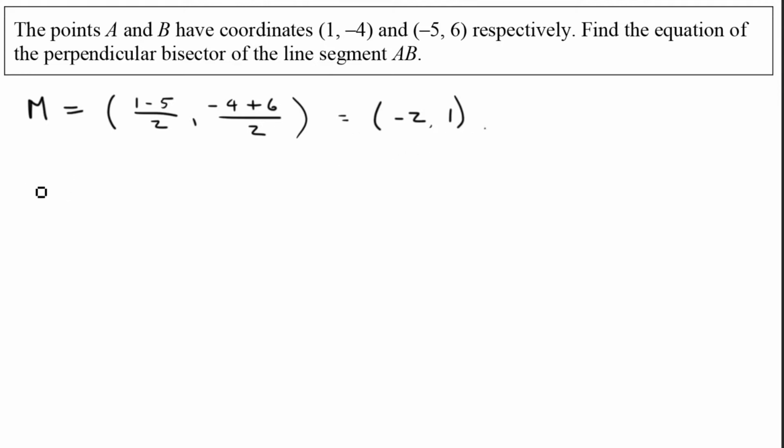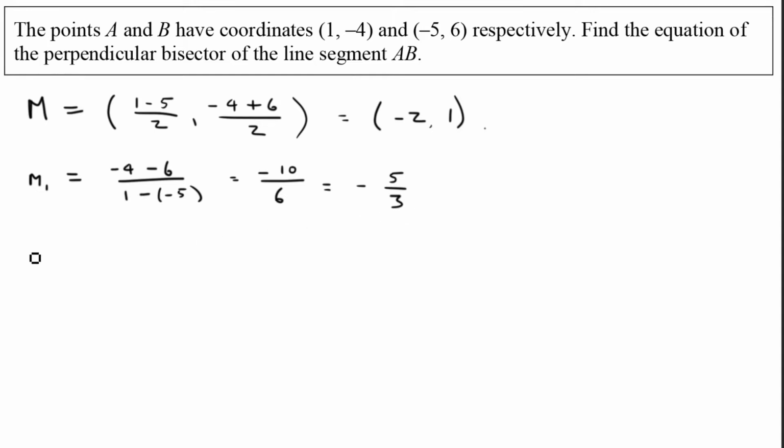Next, find the gradient of the line joining A and B. So little m1, gradient of line 1, will be (-4 subtract 6) divided by (1 subtract -5). We've got -10 divided by 6, which is the same as -5/3.